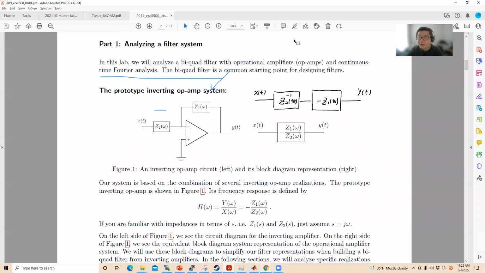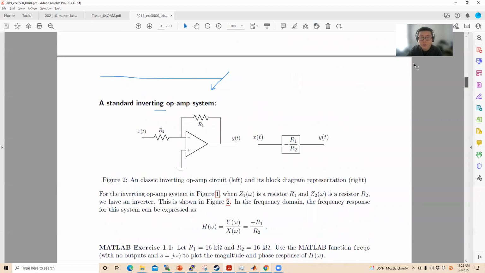case, firstly we should, wait a moment. Okay. Firstly, we should transform this circuit into the block diagram representation.